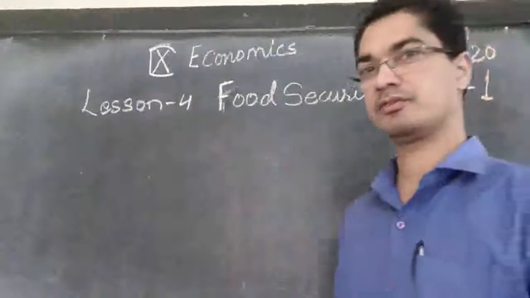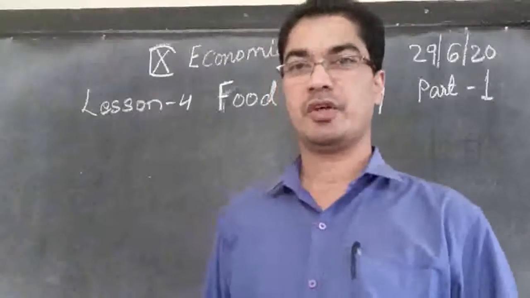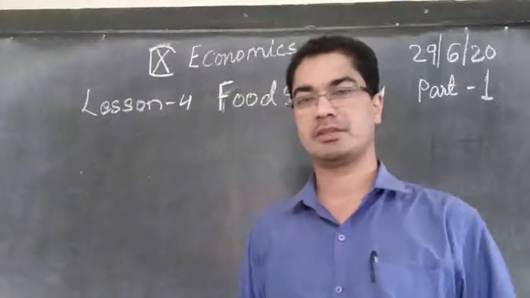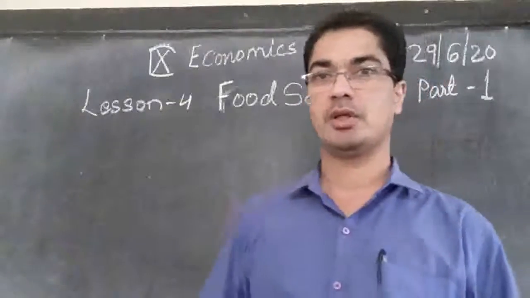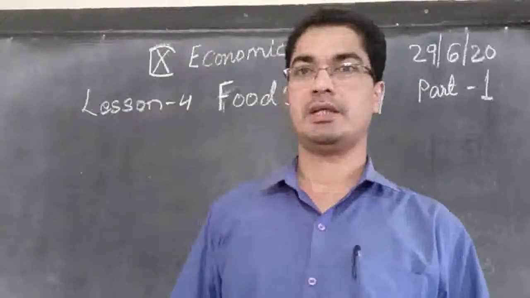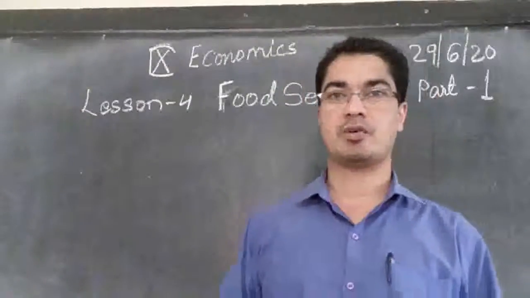So we shall today take economics, lesson number 4, food security in India. We saw in the previous chapters how people in India are suffering due to insufficient food, and quite many people die out of starvation.